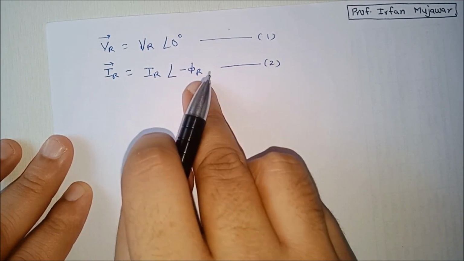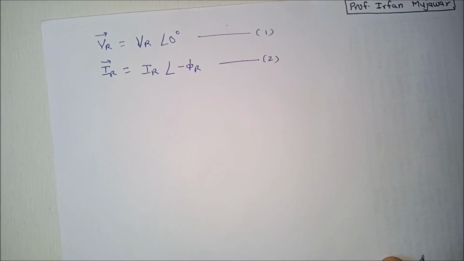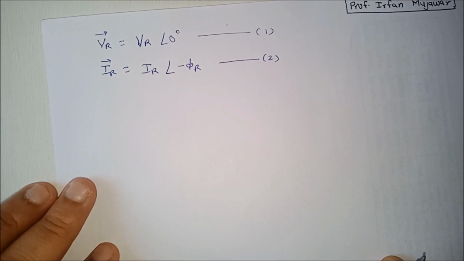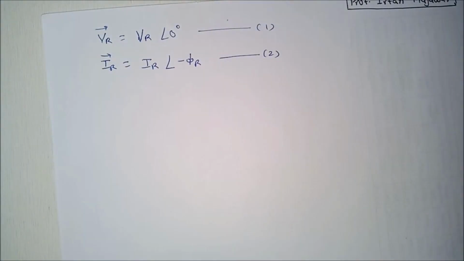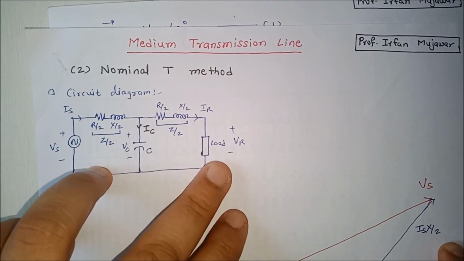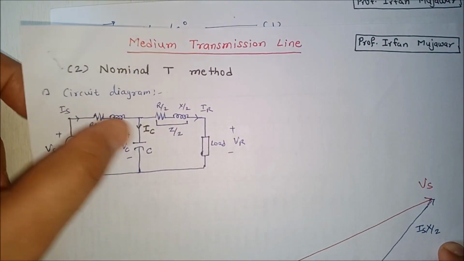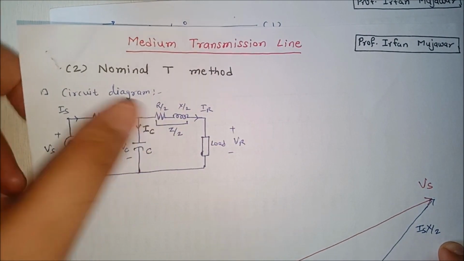So it will be minus phi r. After VR and IR, from them we have obtained the VC, because VC is VR plus IR into Z by 2. The impedance is divided in half, so this is Z by 2.